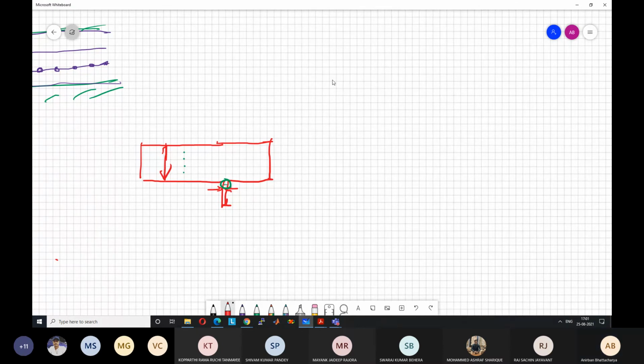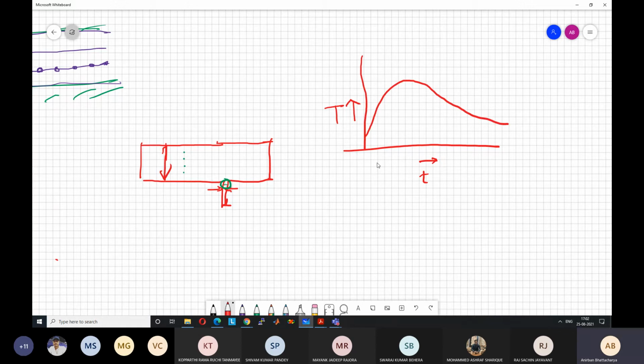Okay. Temperature variation with time looks like this. Some variation is there with time. Okay, say this is T at any of the grid points. Okay. This is time. At any grid point, some temperature variation like this is occurring. Anything, I'm just putting some example.